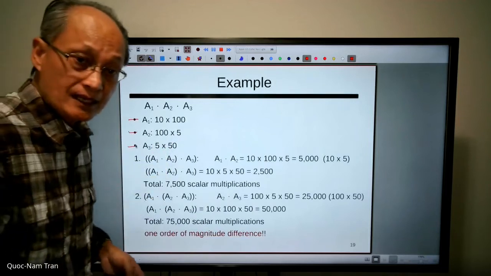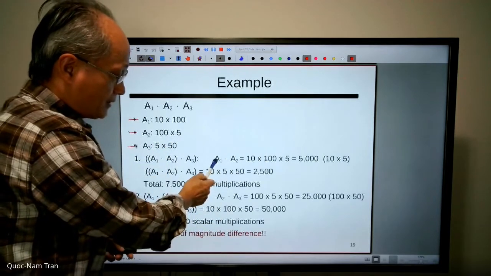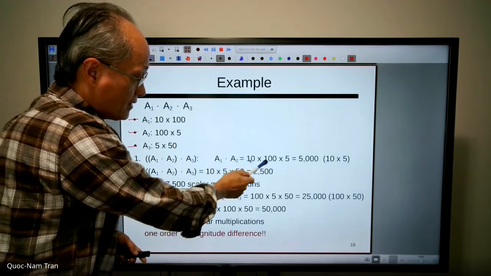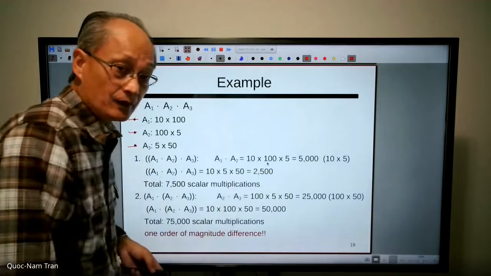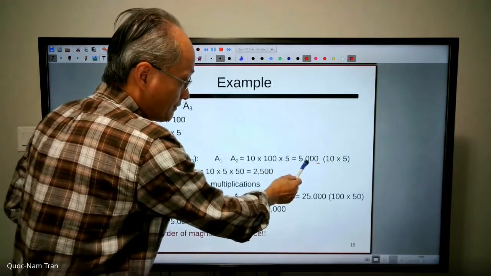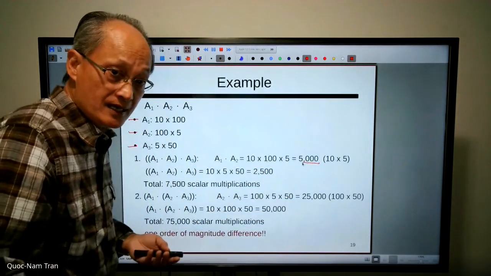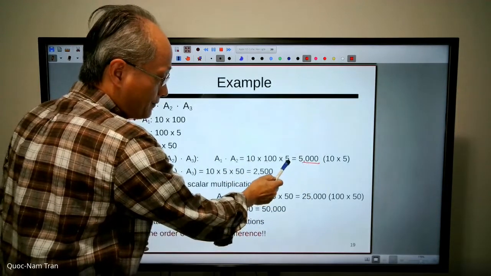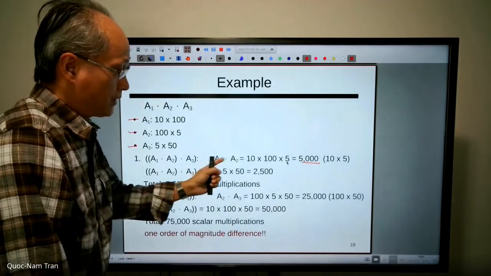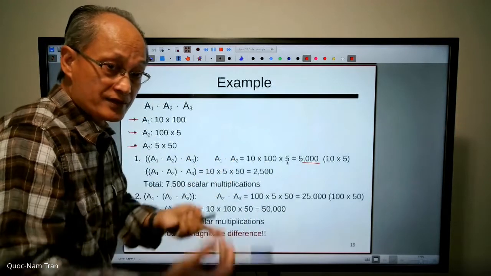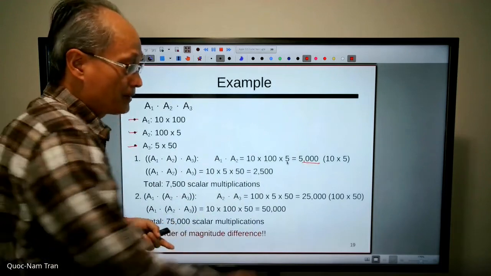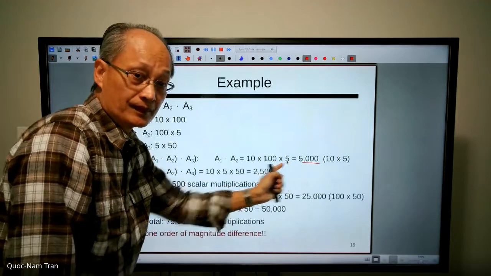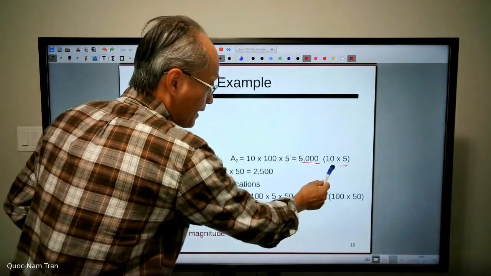Multiplying these two matrices costs 10 by 100 by 5, which is 5,000. The result is a matrix with 10 rows and 5 columns.